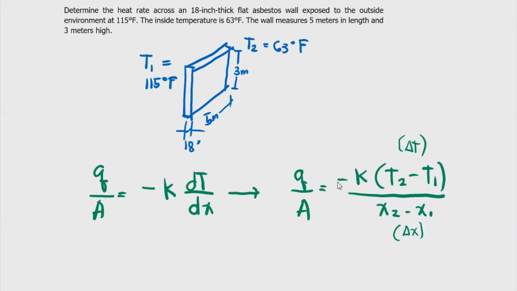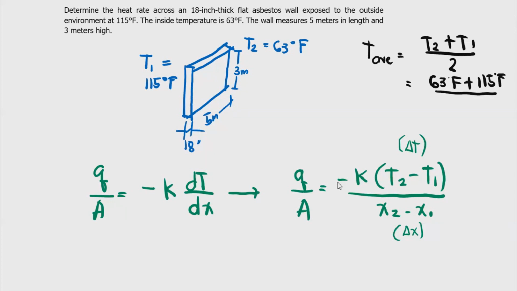So before anything else, let's just first find the average temperature first. So that is simply taking the mean of the two temperatures. So in that case, the average is simply equal to T2 plus T1 over 2, which is simply 63 plus 115 divided by 2.